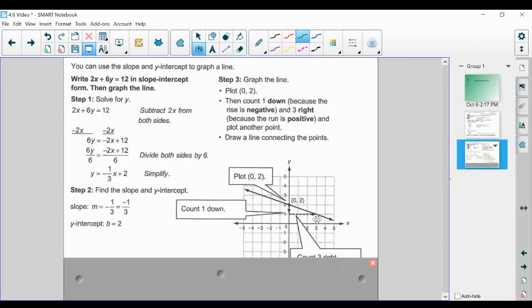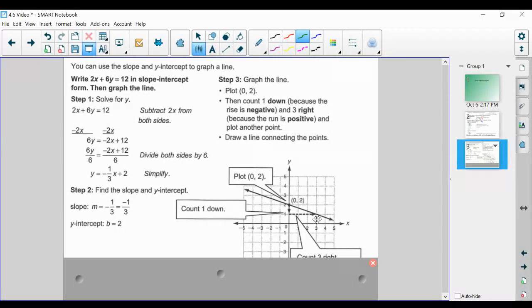The y-intercept is when it crosses over that y-axis. In our example, it had a value of +2. So we found +2 on the y-axis and put one point there. Now we're going to start from that y-intercept and apply the slope to get our second point. Once we do that, we now have 2 points and we can create a line.